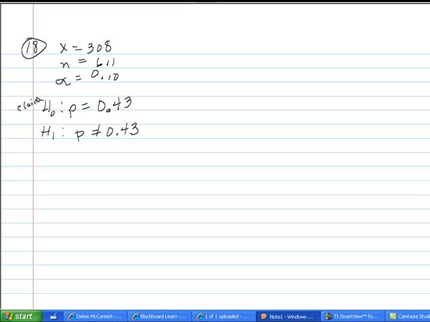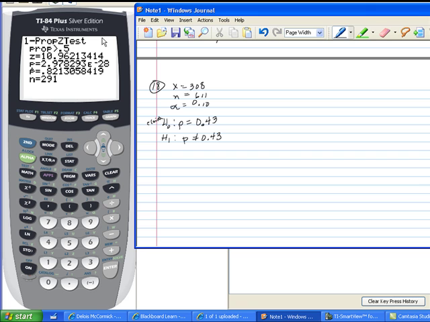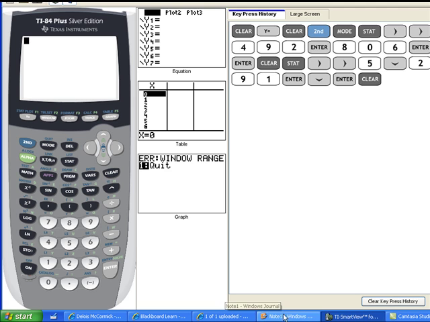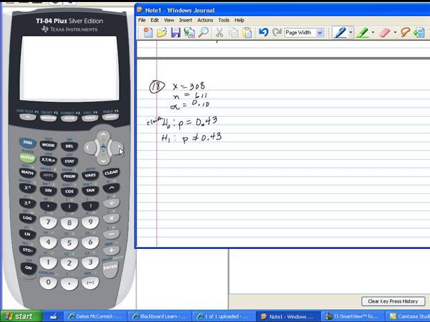Okay, so let's try this one just with the calculator. I'm going to reduce this down so we can see it in the calculator window, and I'm going to clear this out. I may have to come back to this later because it's going to disappear every time I click on something on the calculator. I'll just refer to number 18 to get my numbers. Okay, so we want to go to Stat, over to Tests.